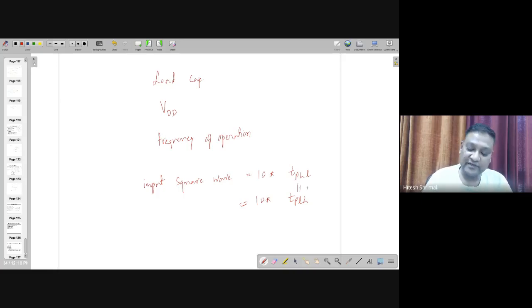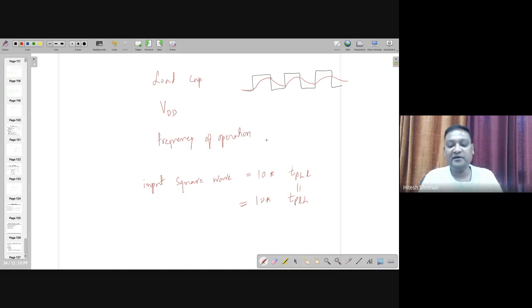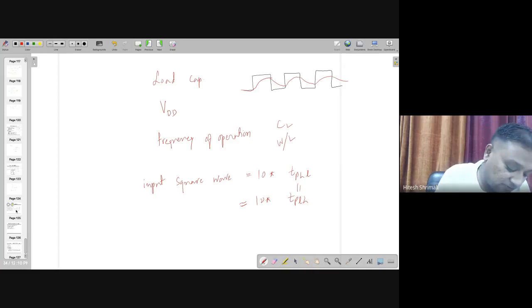If both are equal, then you can take this. Otherwise, whichever is higher, you have to take that equation, and accordingly you can design the input frequency. Otherwise, you are giving this input, but the output might look like this. If you remember, we have done such a simulation also, that with the value of CL and the value of W by L, you can fix this also, right? So this is what power consumption is.